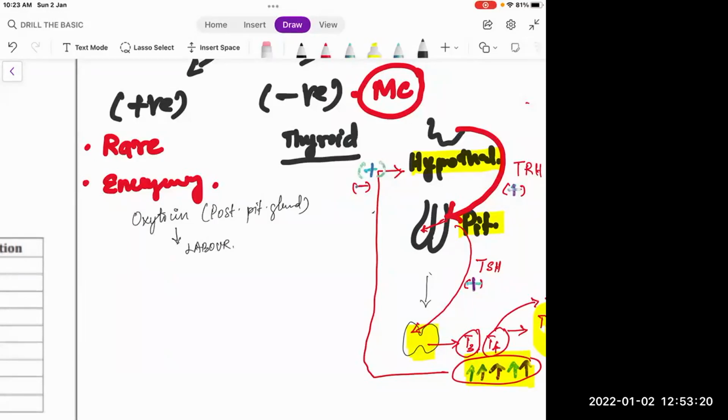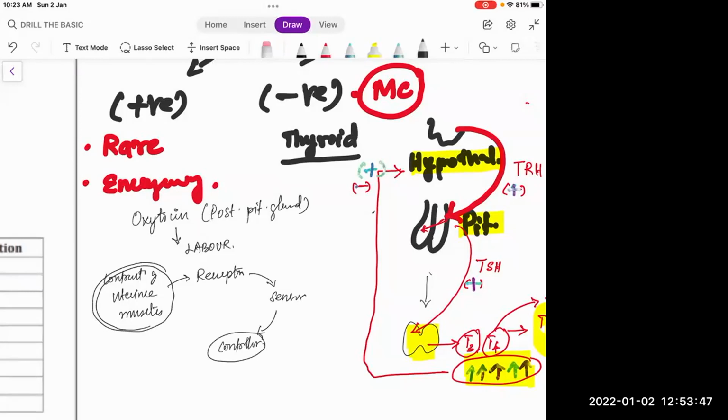At the time of labor, when there is a contraction of uterine muscles, the stretch of the uterine muscles is sensed by the receptor, and the receptor gives the signal to the sensor and then to the controller. In the case of oxytocin, the controller here is the hypothalamus and posterior pituitary gland.